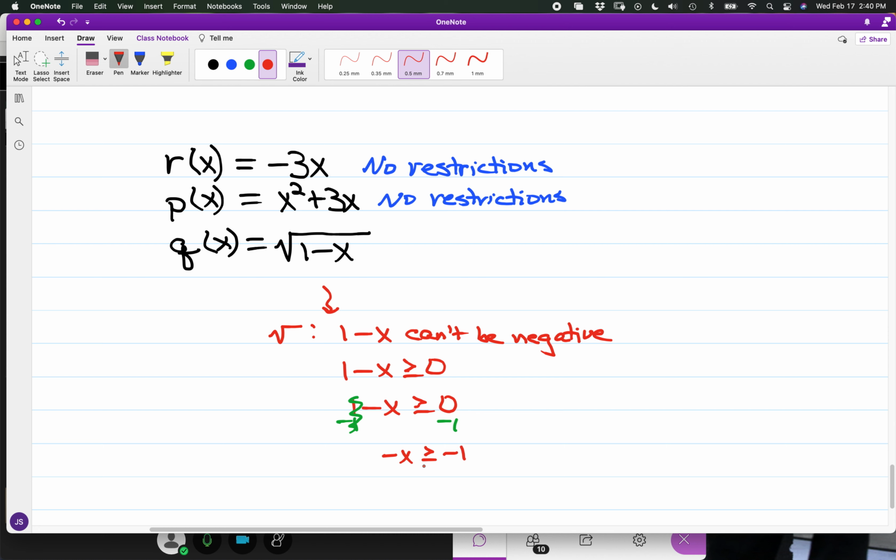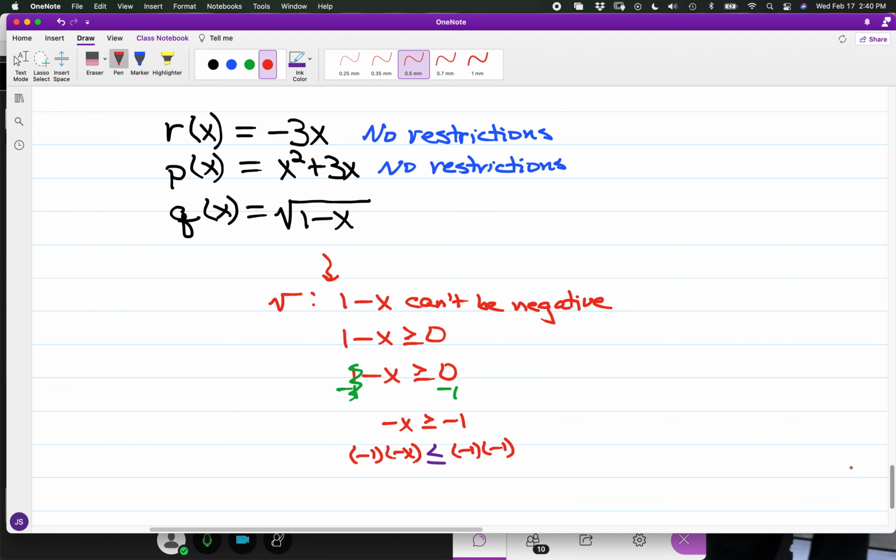And again, if I multiply or divide by negative 1, the direction of the inequality changes. And so here we're going to have x is less than or equal to 1.